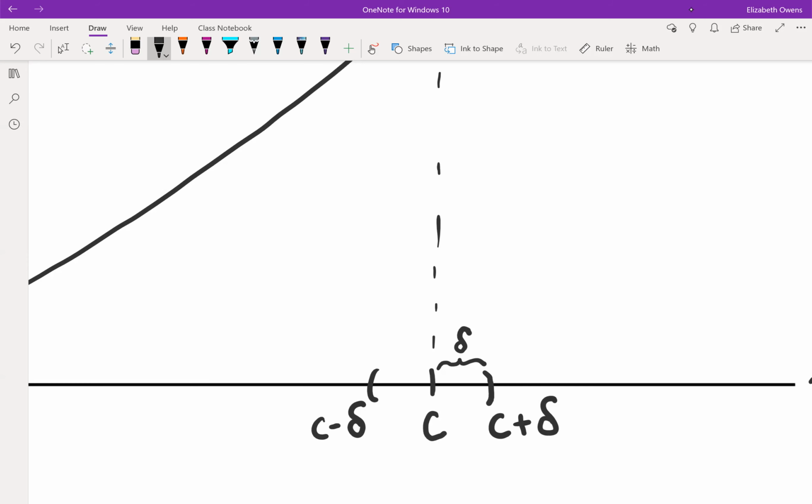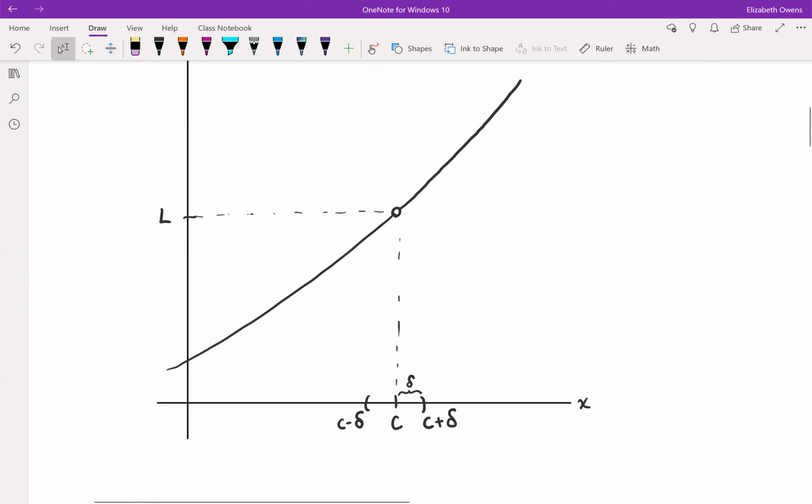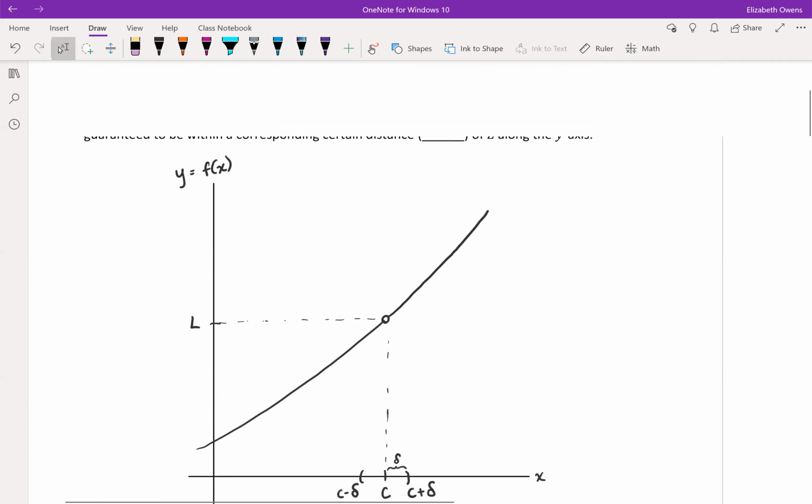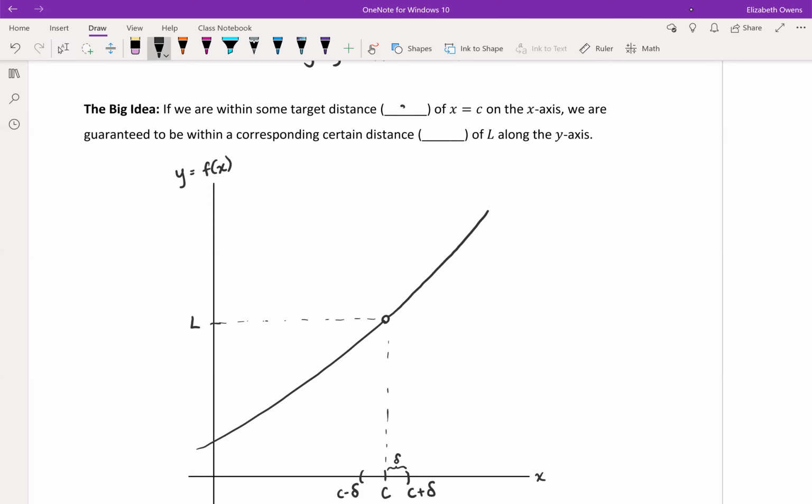Okay, so we're going to say that we've hit within that target distance delta. So we're within delta of x equals c on the x-axis.